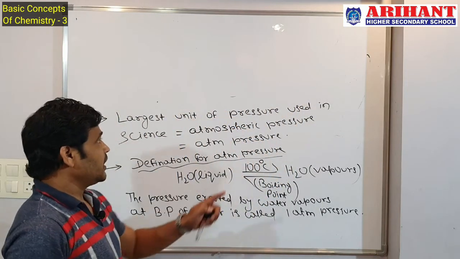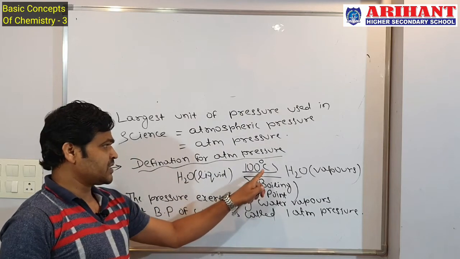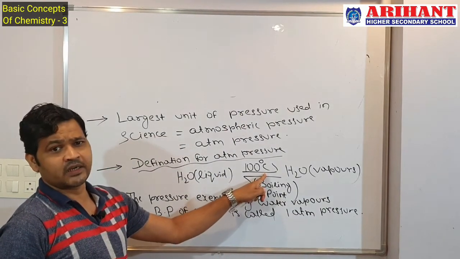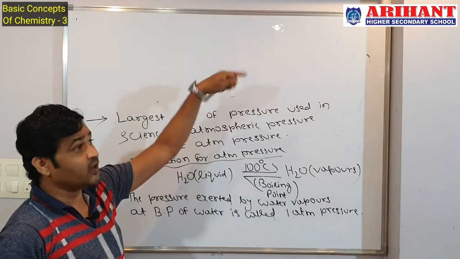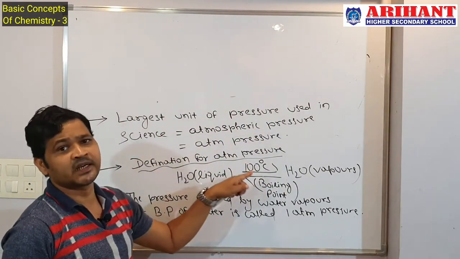When a barometer is placed in this condition, the height of the mercury column becomes 76 centimeter.